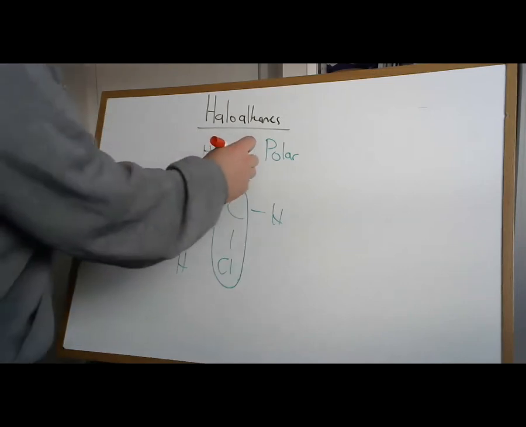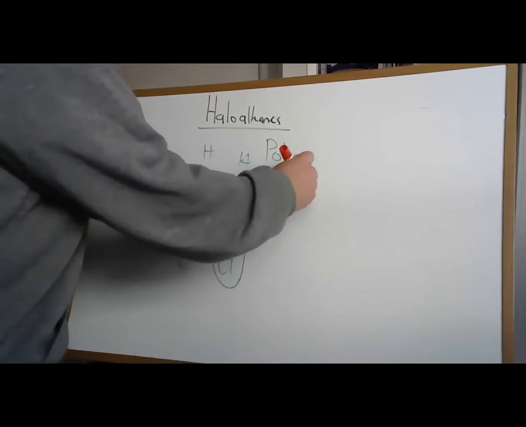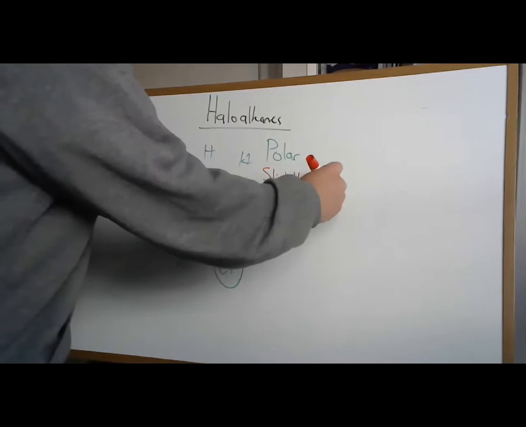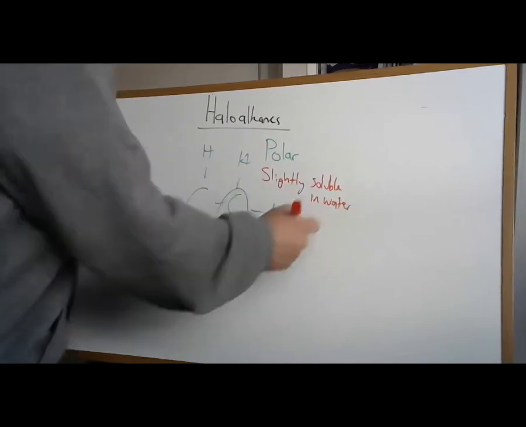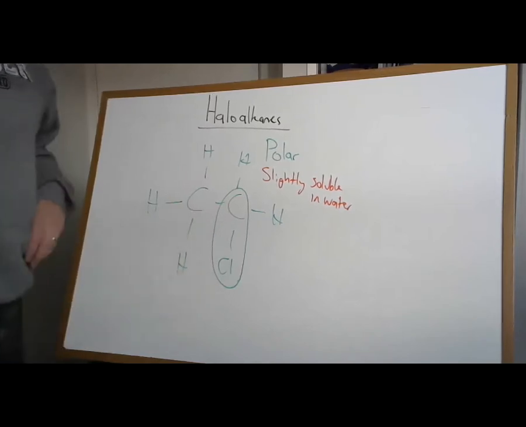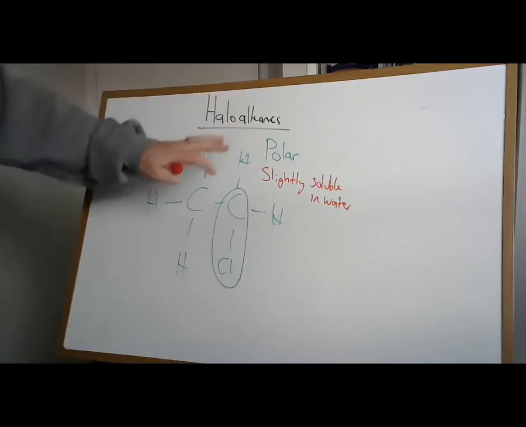And they're only a little bit, or what we call slightly soluble in water. So haloalkanes, it's an alkane, but a hydrogen has been replaced by a halogen in group 7, hence the name haloalkanes.